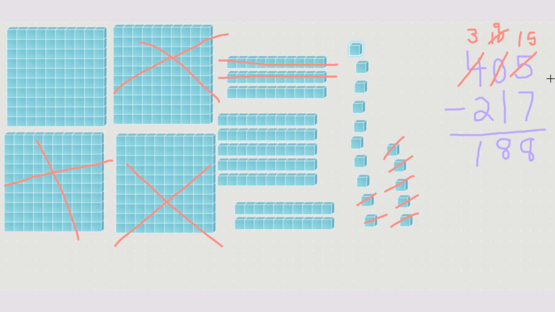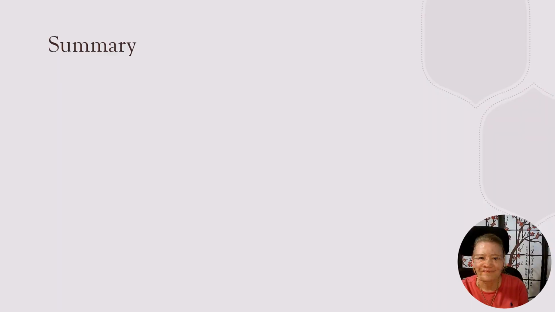Now I know that 405 minus 217 is 188. And I also know that when there is a middle zero, I have to make multiple trades in order to solve the equation.